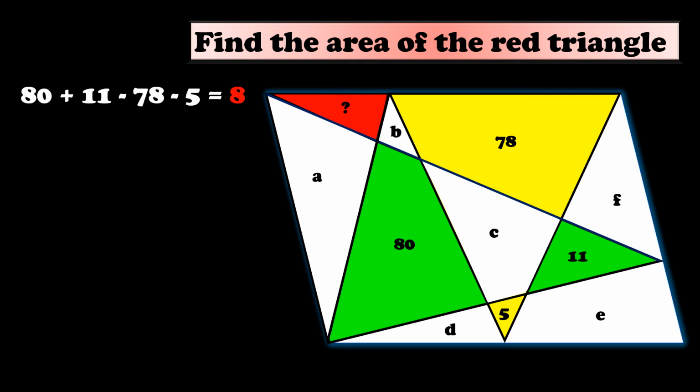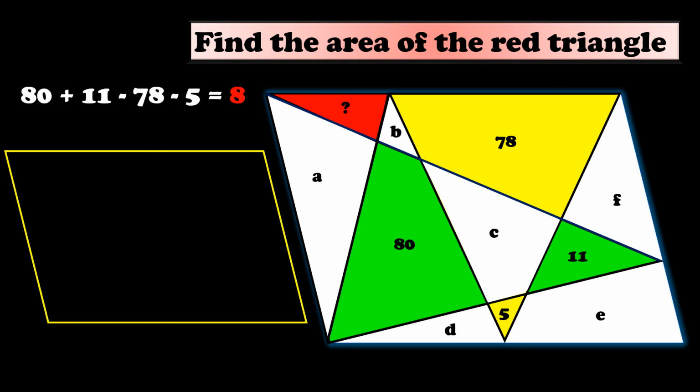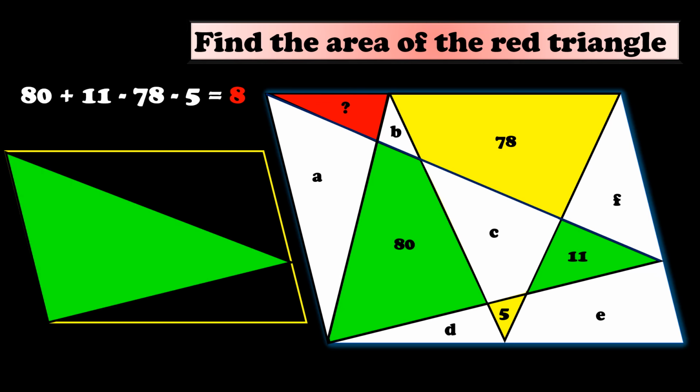Okay. Let's talk about the connection between the triangles and the parallelogram. So here is a parallelogram. So for any triangle which has a base on one side of the parallelogram and reaches the opposite side of the parallelogram like this, it is exactly half of the area of the parallelogram.